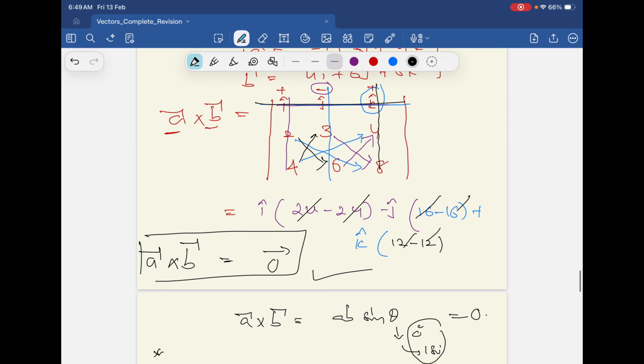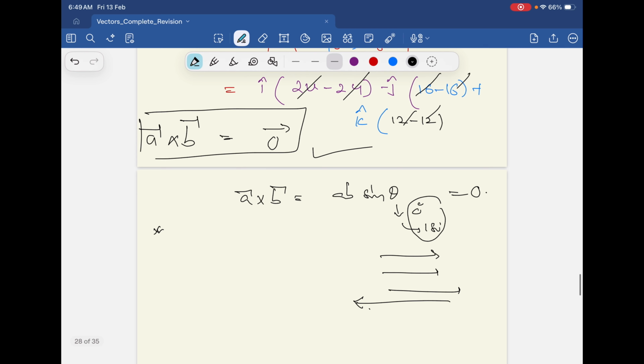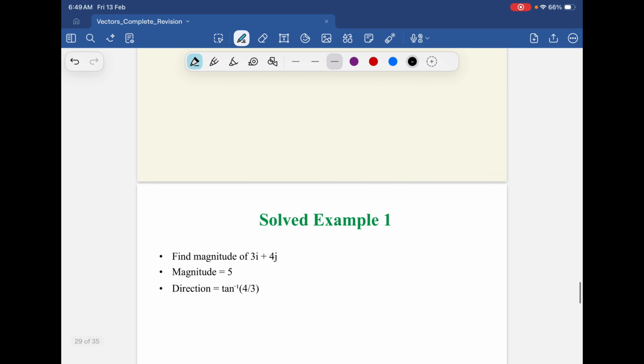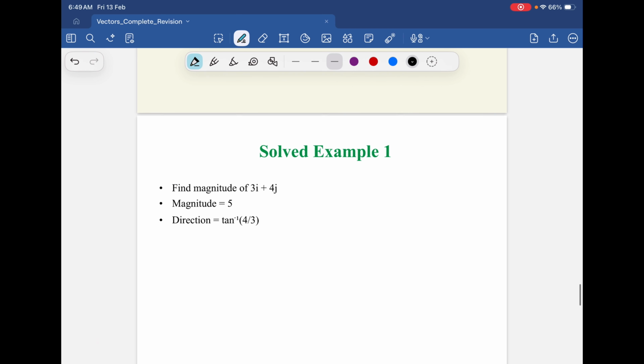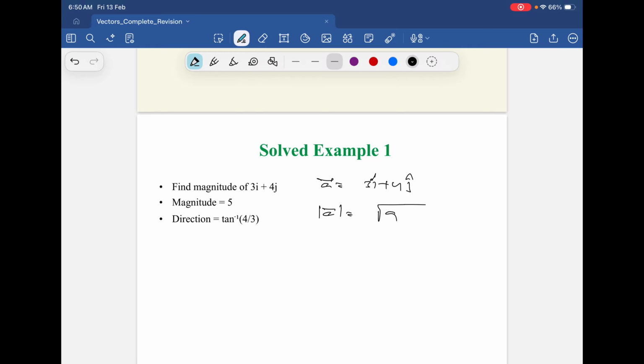Okay, so this is about dot product and cross product, students. Now let us focus on a few numericals. Find the magnitude of this vector, say A bar, 3i plus 4j. Magnitude is root of 9 plus 16, root 25.